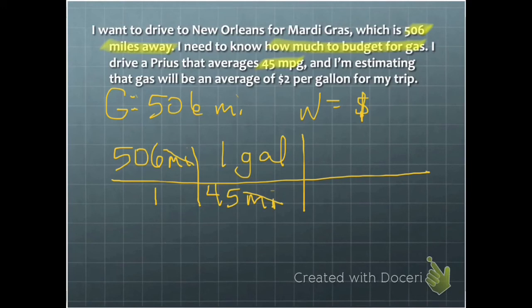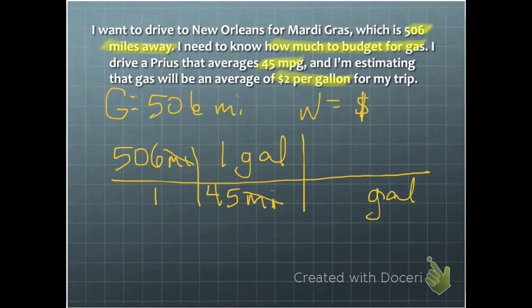So now I need a unit conversion that involves gallons. So I read through, and the only number I've got left is $2 per gallon. So we just said that if we've got per, we've got a fraction. And we know we need gallons on bottom.